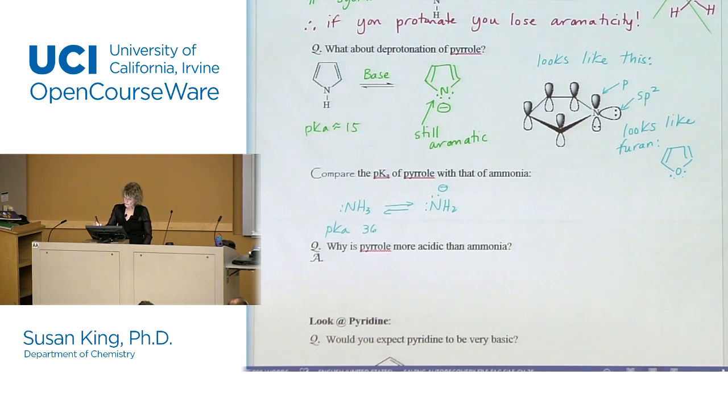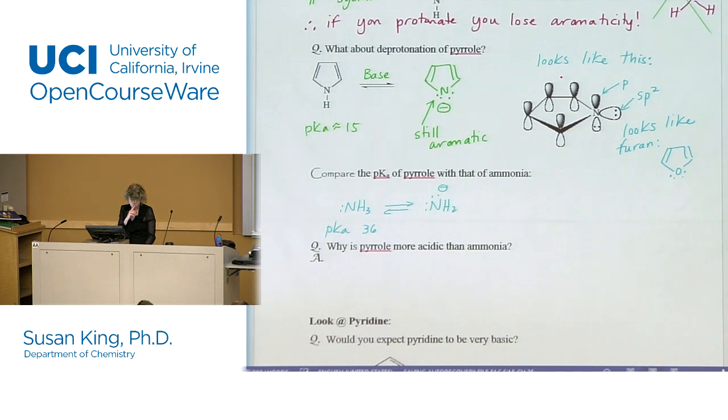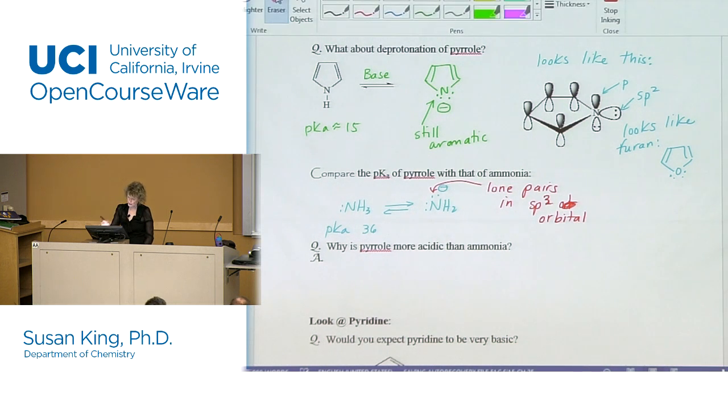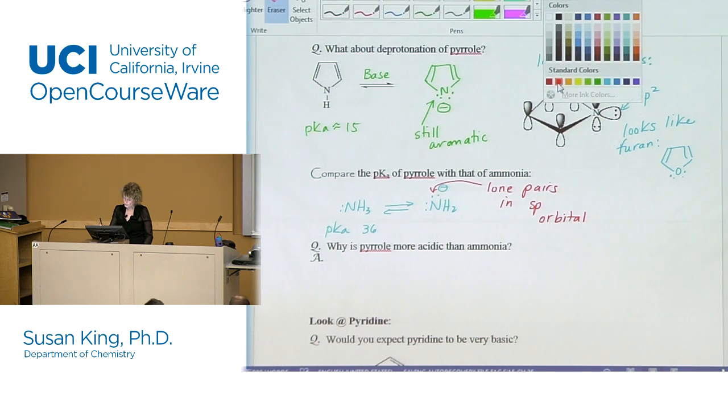And it turns out that in pyrrole the lone pairs are in an sp2 orbital. Here, the lone pairs are, I'm sorry, sp3 orbital. What am I saying? Here, the lone pairs are in sp3. Let me fix that. Lone pairs are in sp3 orbital. And above, the lone pairs are in an sp2.